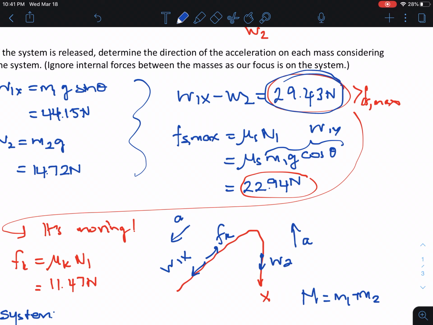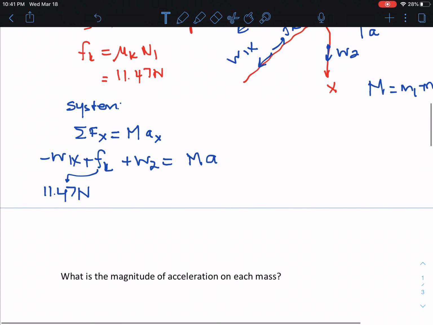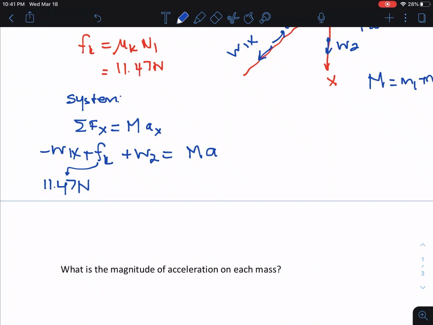If I want to write down W2 minus W1x, I need to write the negative of this, and that's what I'm going to do. That is negative 20.9.43 newtons. So I already combined W1x minus W2, that's what it is.